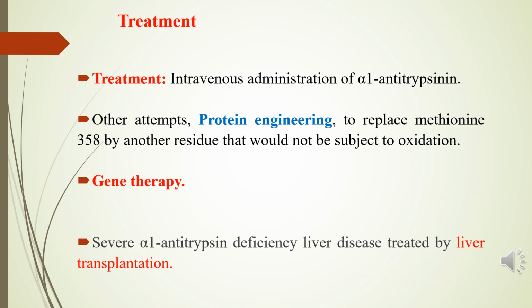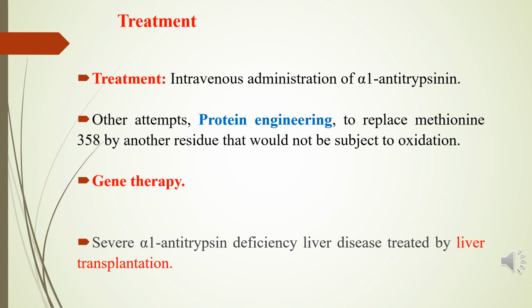Also attempts to generate alpha-1 antitrypsin mutants by genetic and protein engineering. These mutants are not inactivated by any factor, and there is replacement of the methionine 358 by another residue that is not subject to oxidation.